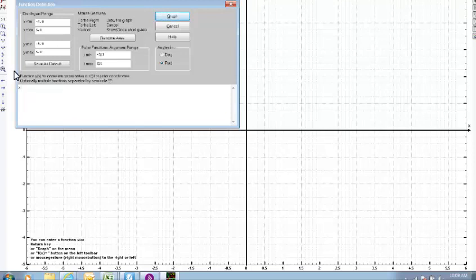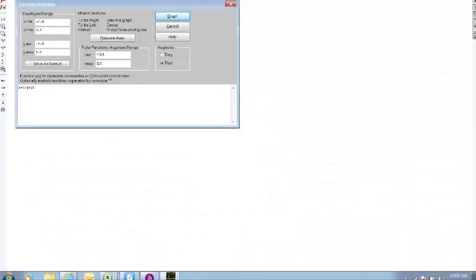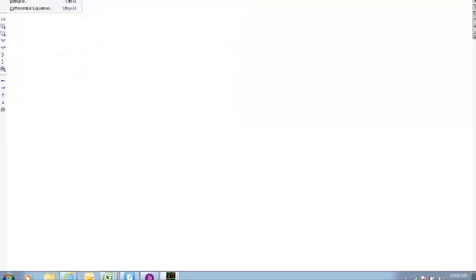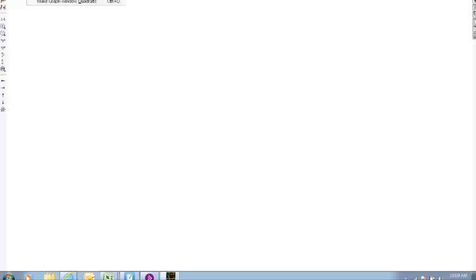Let's put x equals t and y equals 2t, and see if that actually works or not. Okay, it didn't like that. I'm pretty sure this thing did parametric equations. I thought actually maybe it doesn't do parametric equations.